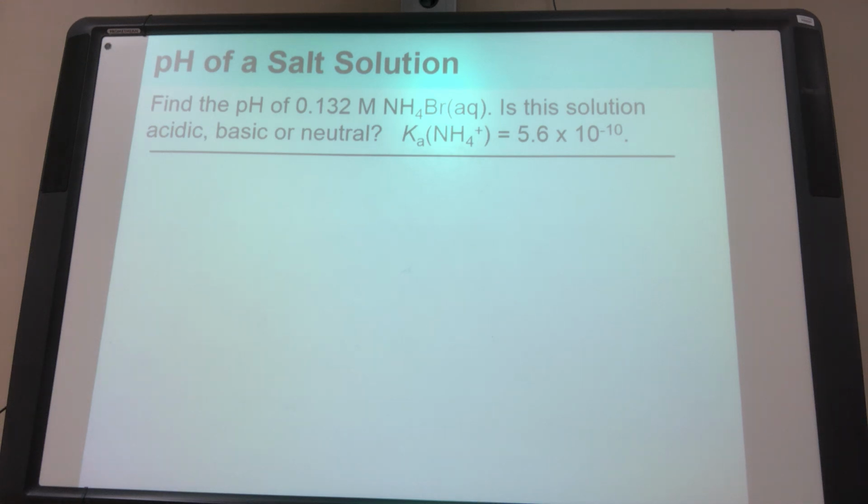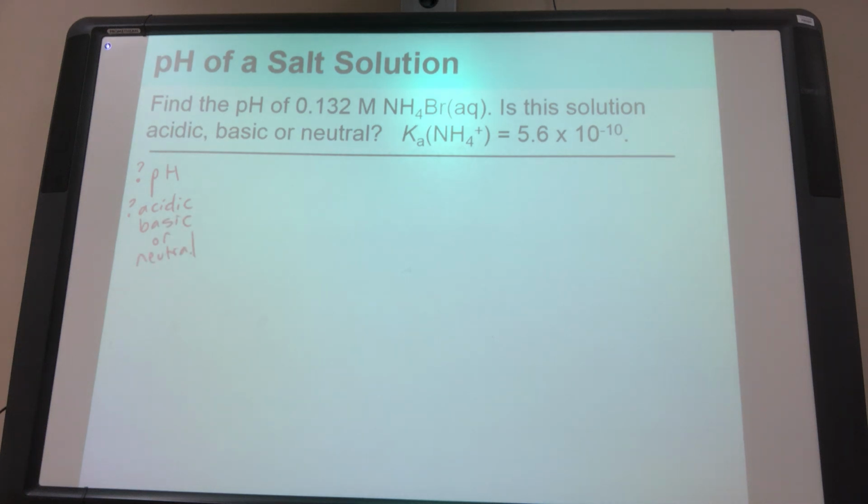It says find the pH of 0.132 molar NH4Br. Is this solution acidic, basic, or neutral? So what am I looking for? I want to know the pH, and then, based on the pH, whether it's acidic, basic, or neutral.